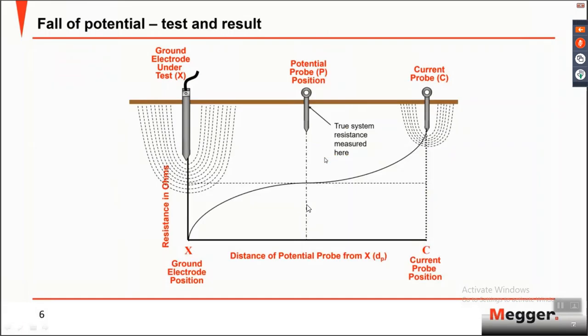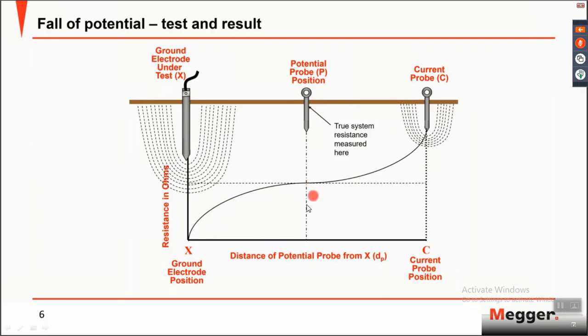Okay. Now this is the same picture as before, but here you can see the slope graph. You can put the potential probe from maybe 10%, 20%, 30%, with the same distance range, up to maybe 80 or 90%, then you can see the resistance value on each measurement.